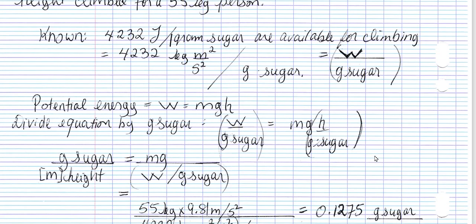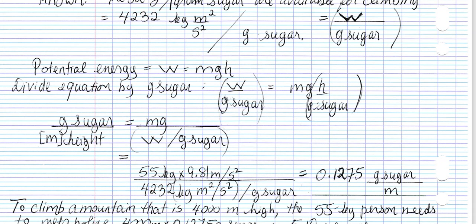Now, recall that the work of potential energy is equal to mgh, where m is the mass of the person or the object doing the work or upon which the work is done, g is the gravitational constant, 9.81 meters per second squared, and h is the distance climbed.